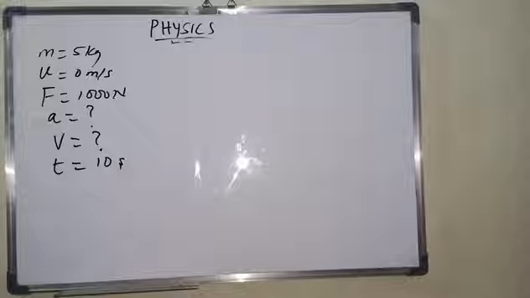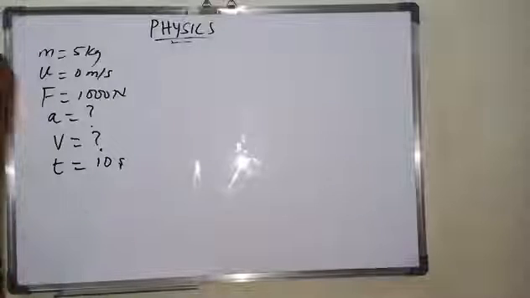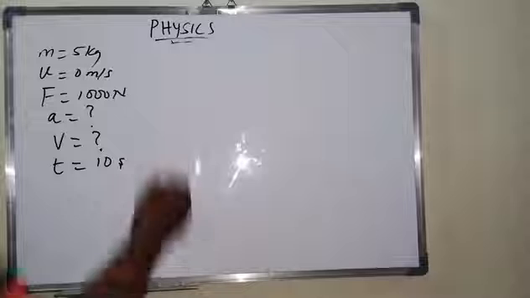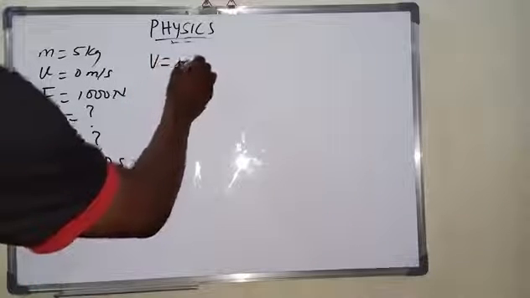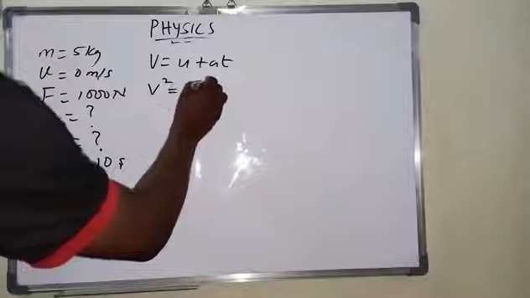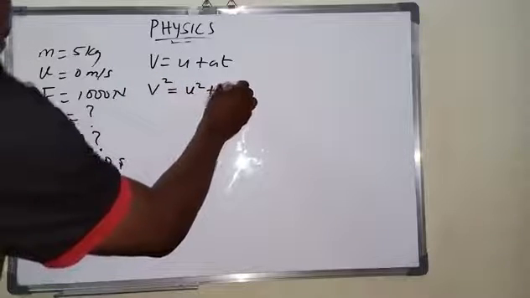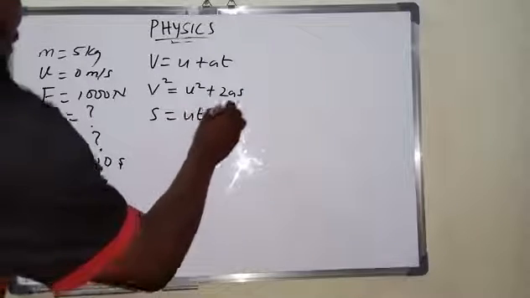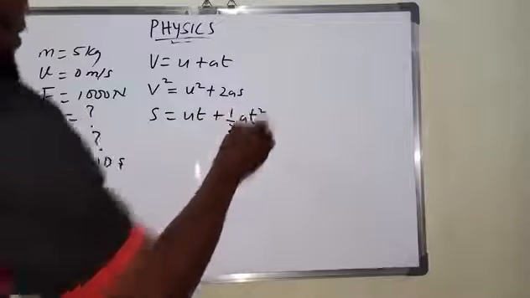So how do we go about it? This is a case of motion, and in motion we have some equations we normally use in solving questions related to linear motion, such as v equals u plus at, v square equals u square plus 2as, and s equals ut plus a half at square.